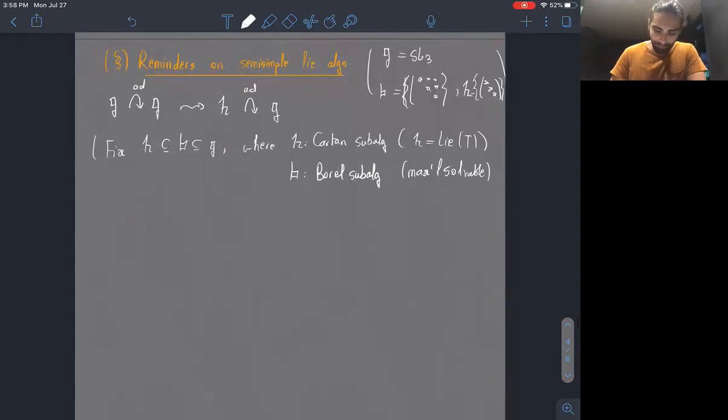So the Cartan subalgebra, you can think of it as the Lie subalgebra associated to a choice of maximal torus in G. The Borel subalgebra in the same way.